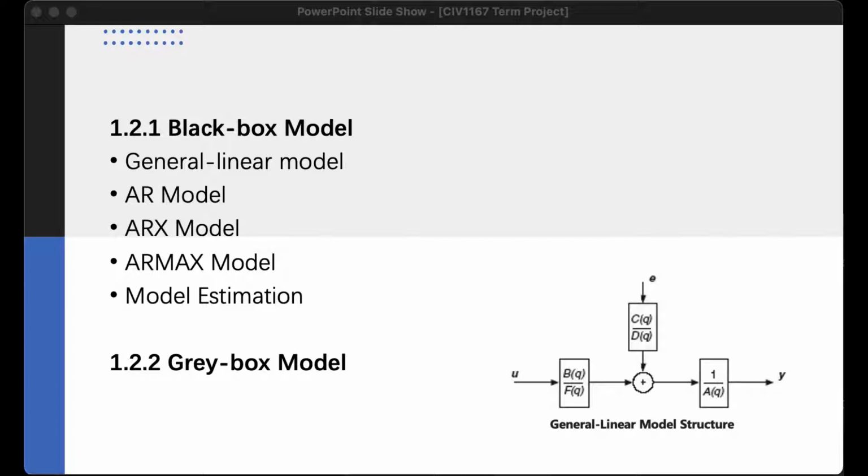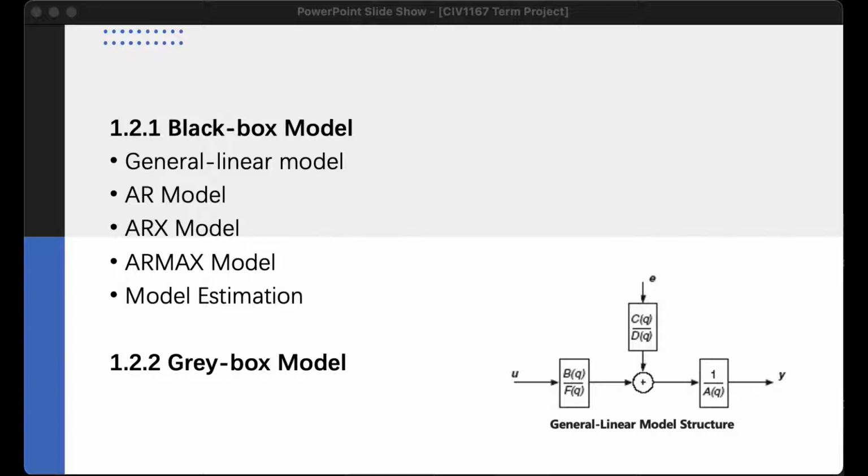And next is the gray box model. In some circumstances, you have already obtained part of the information about the underlying dynamics or some of the physical parameters of the system.